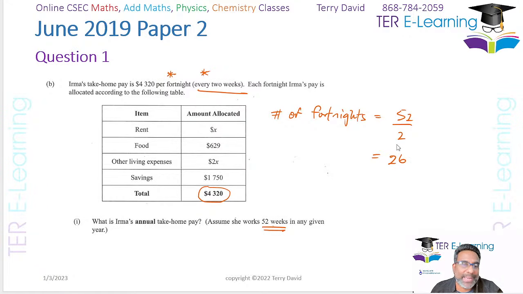So she's going to be paid 26 times. Therefore, her annual pay is simply going to be 4,320 multiplied by 26. So that's going to give me, give me 1 second.